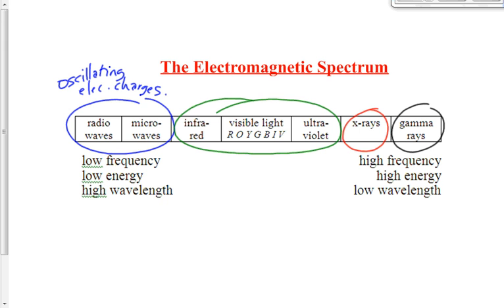What's the third level? Is it 8 or 18 or something like that? 8? Okay, 2, 8, 8, whatever the numbers are. We have electrons on those levels. Well, they can jump to a higher level if they absorb energy, but they don't want to stay there. If there's a vacancy down on one of the inner levels, then they fall back down to take that vacancy.